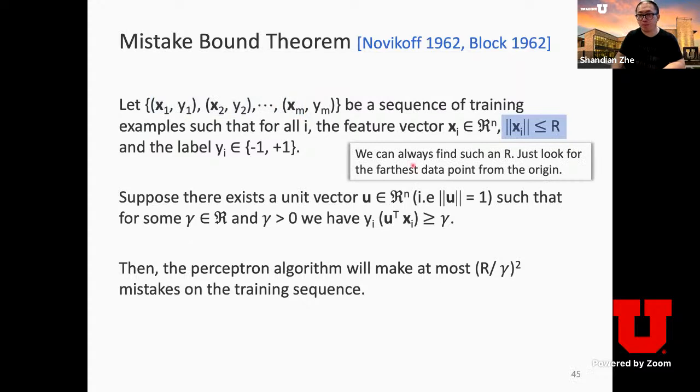Secondly, in practice, we can always find such a span or upper bound of the norm. You just look at the farthest data point from the origin. Suppose you have 10 or 100 training points, just calculate the distance between each point and the origin, pick the farthest one, and use that to obtain this R.